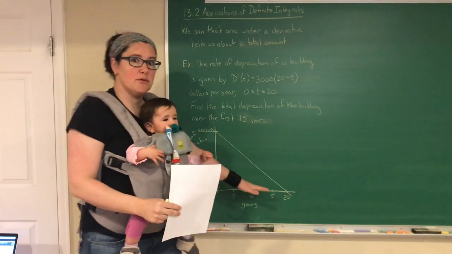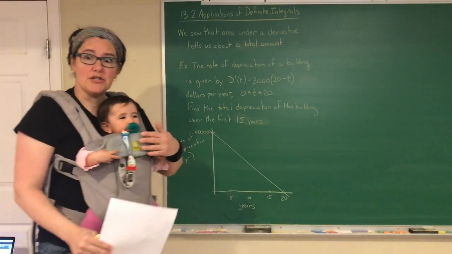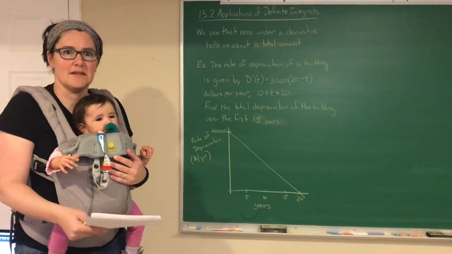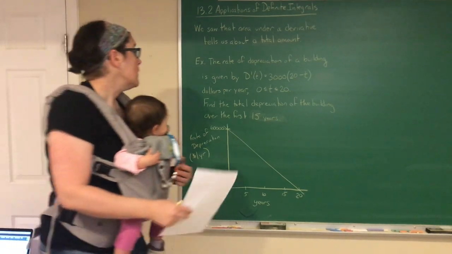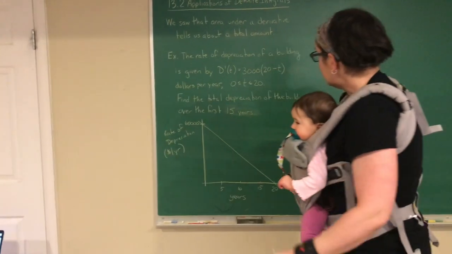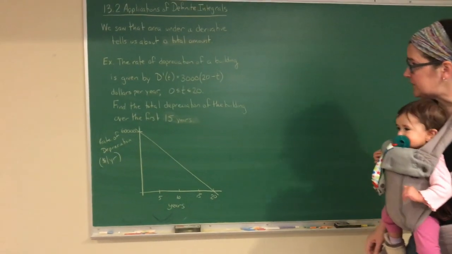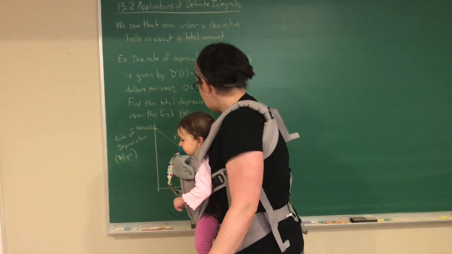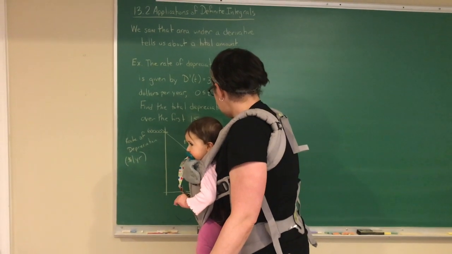And as time moves on, that rate of depreciation is decreasing, which means you're losing less money each year as time goes on. Oh, and I should label this as y equals d prime of t.